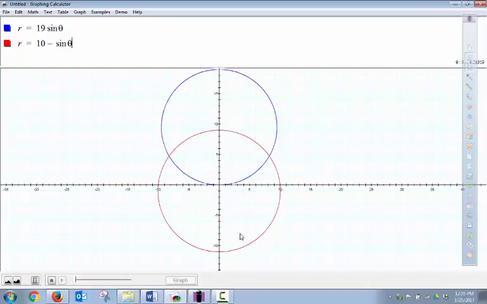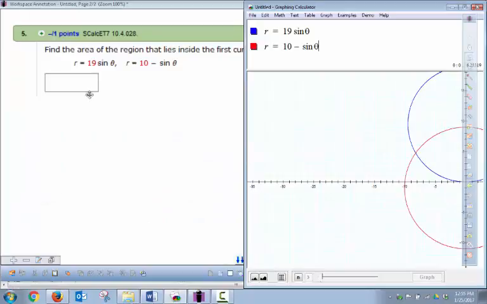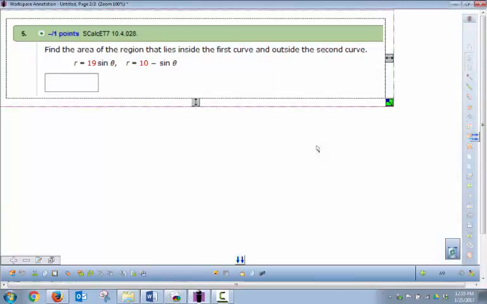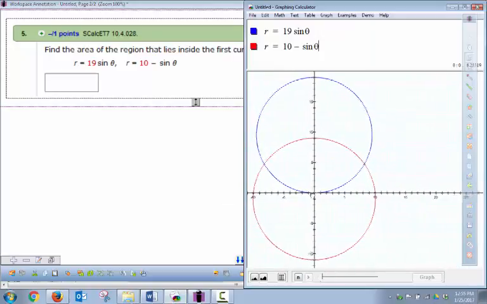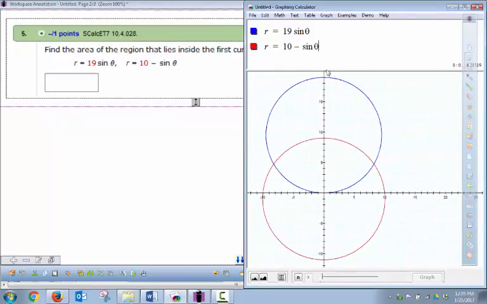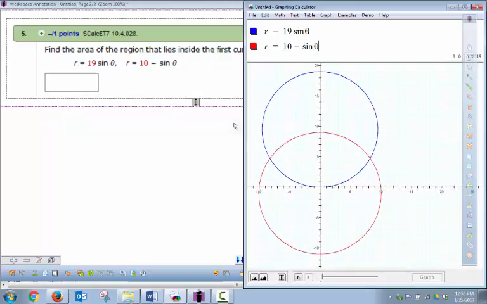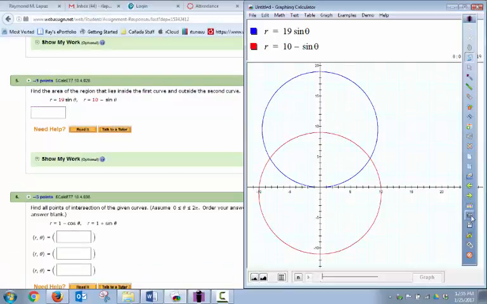Okay, well, in any case, let's read the directions again. The area of the region inside the first curve and outside of the second curve. All right, let's take a picture of this and then we can draw on it.